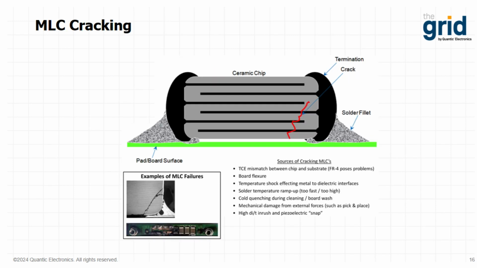Since we're on the subject of mechanics already, let's talk about a known issue with MLCCs. That's cracking at the lead terminations. Ceramic material is, of course, a brittle material, and multi-layer ceramics are susceptible to cracking.